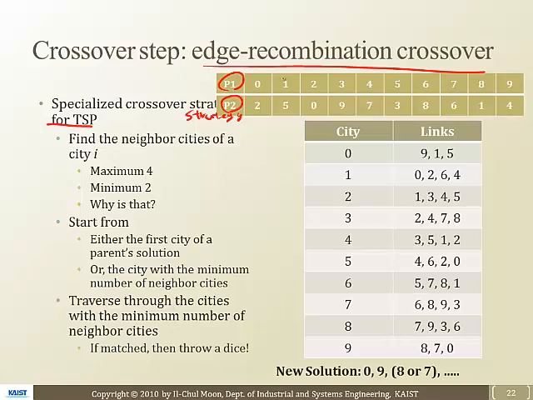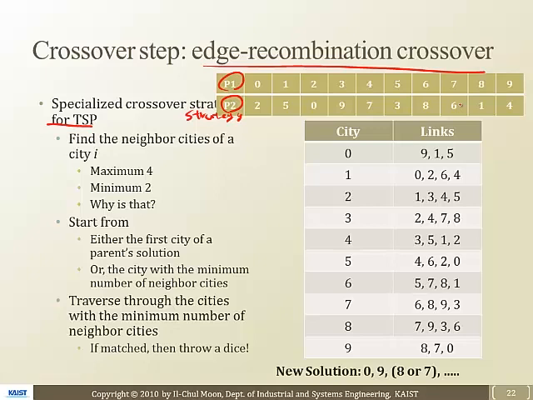We have 0, 1, 2, 3, 4, 5, 6, 7, 8, 9, and 2, 5, 0, 9, 7, 3, 8, 6, 1, 4. These are the solutions, right? And then what you're going to do with these tables, we are going to create another solution here. But it's more optimized for the traveling salesman problem.